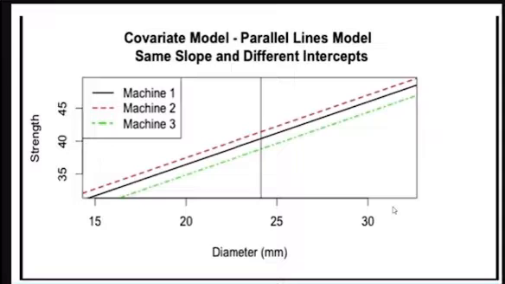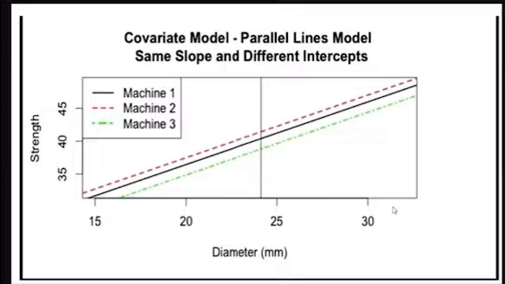I told you the other time that the assumption we have is that we're going to have different intercepts but the same slope. Do you see the 3 lines? Each line represents machine 1, machine 2, machine 3.